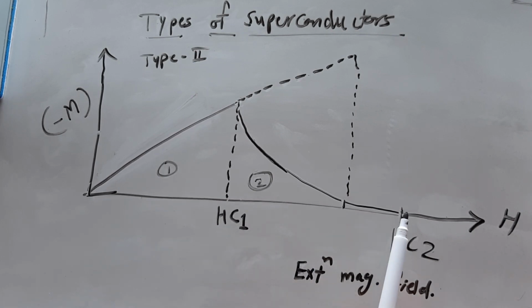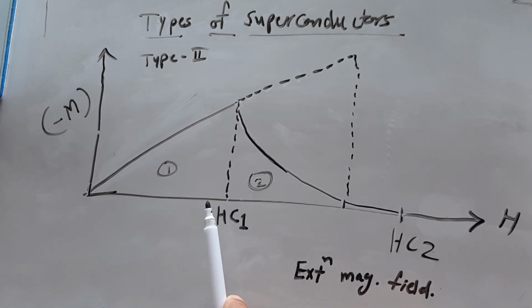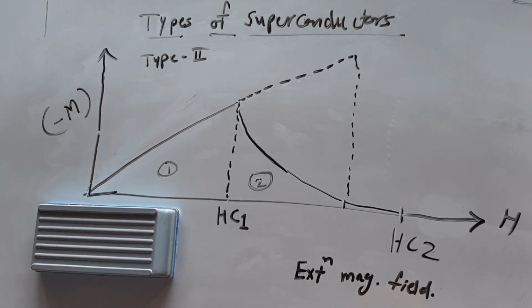The material is in the mixed state magnetically, but electrically it is still a superconductor, and hence the Meissner effect is incomplete. Just take a moment to understand this point. What do you mean by this line?